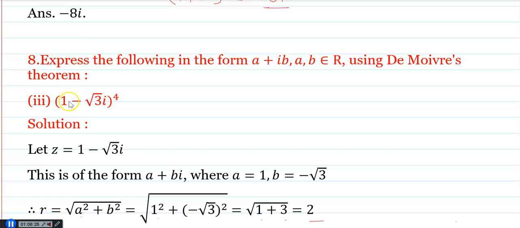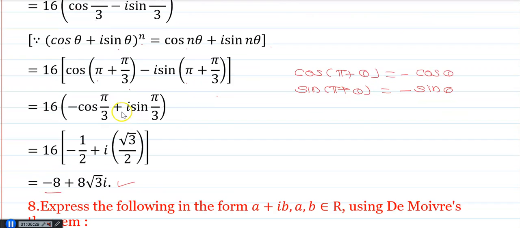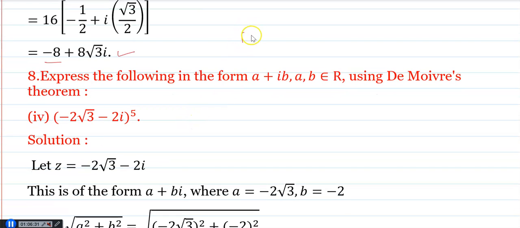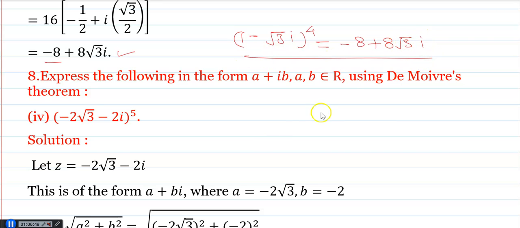What is that? (1 minus root 3 i) bracket raised to 4 equals minus 8 plus 8 root 3 i by using de Moivre's theorem. Now the next problem.